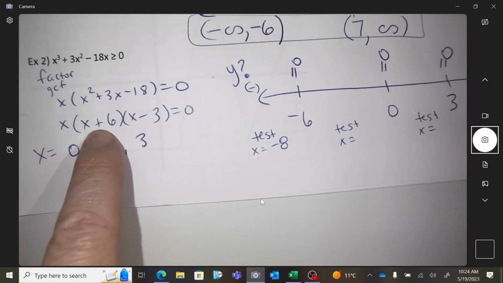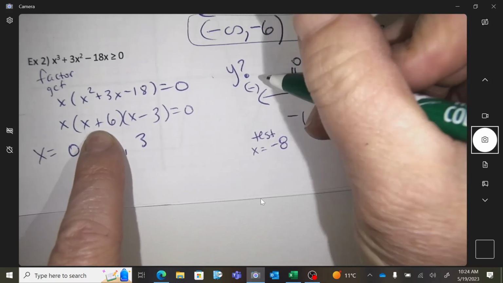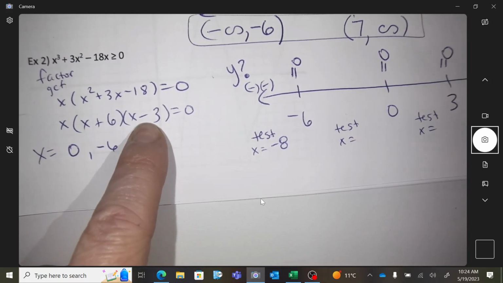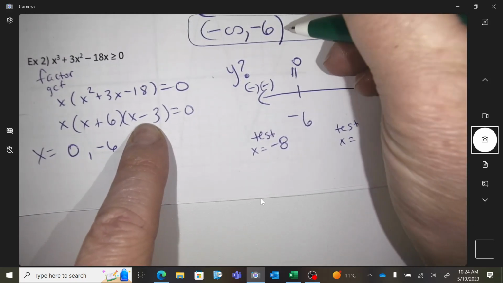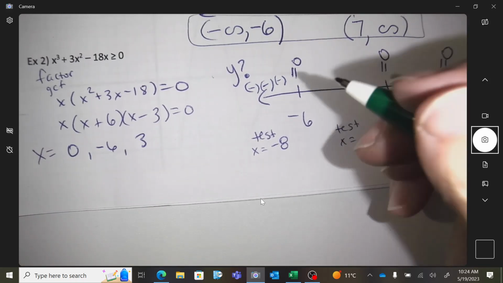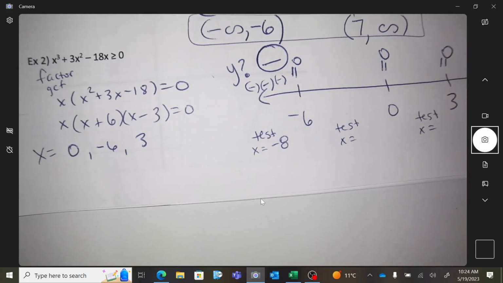The second bracket, -8 plus 6, negative. The third bracket would be -8 minus 3, negative. What do 3 negative multipliers end up being? So that zone is negative. Negative heights, negative y values.